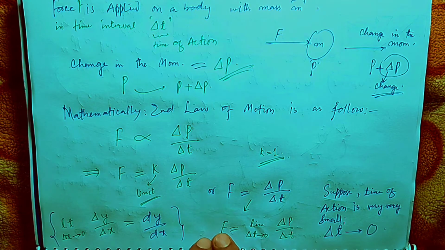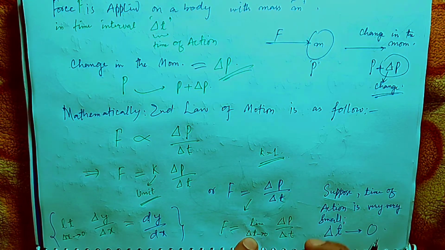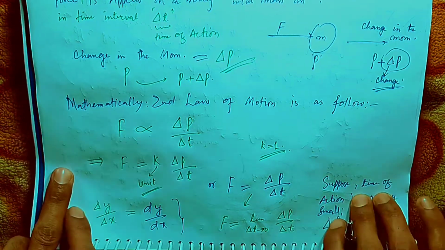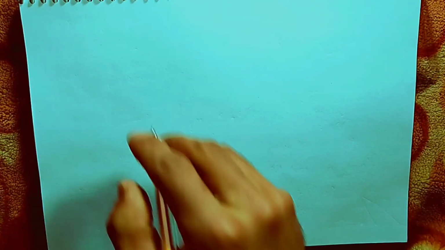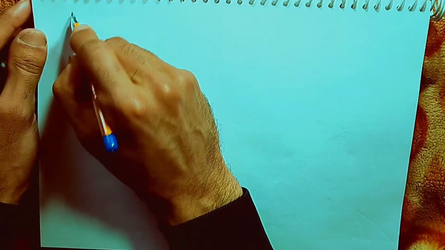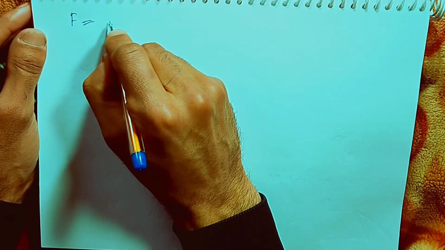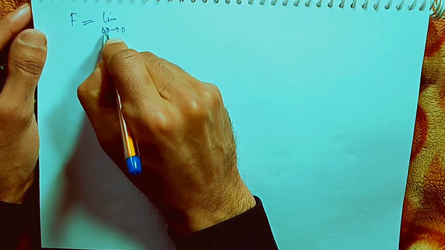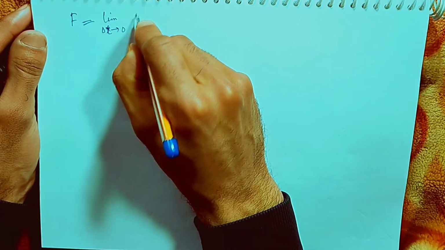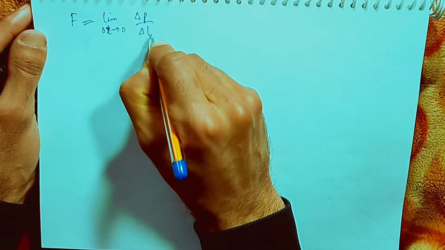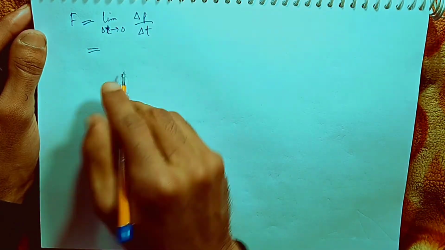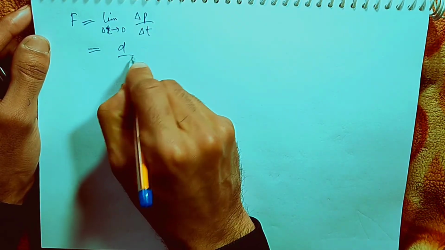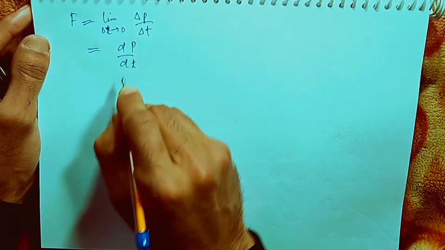So in that case, F will be written with the delta replaced by the differential coefficient, dp by dt.